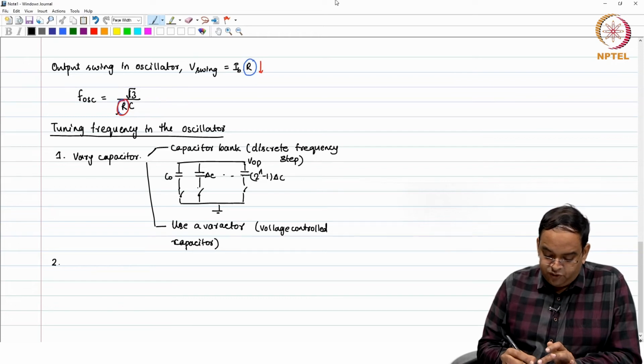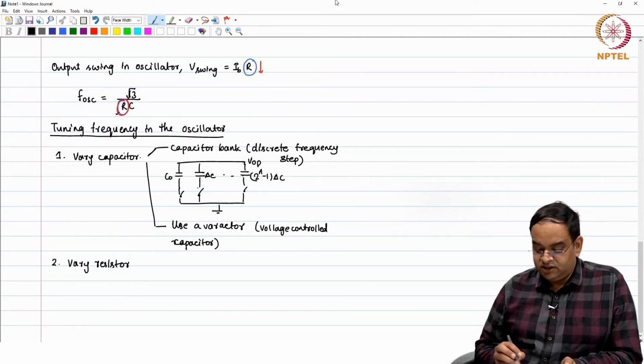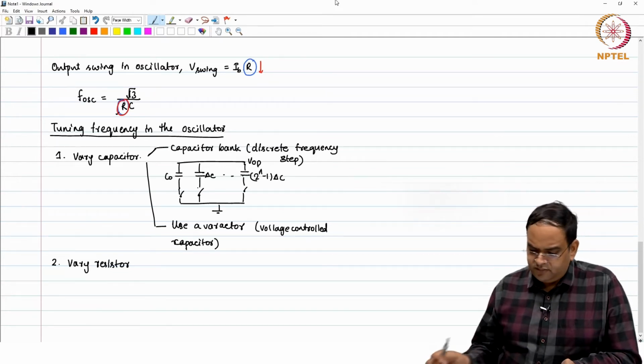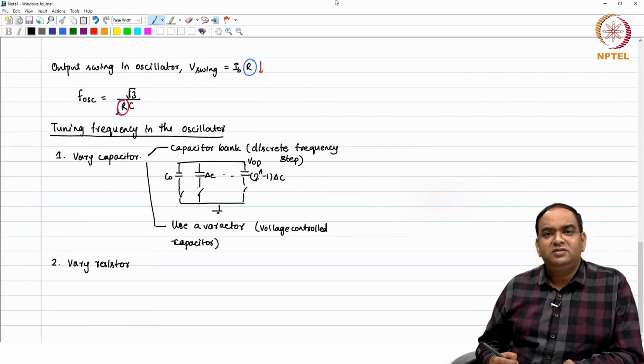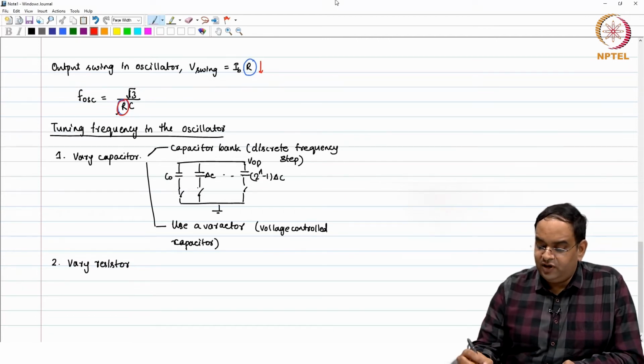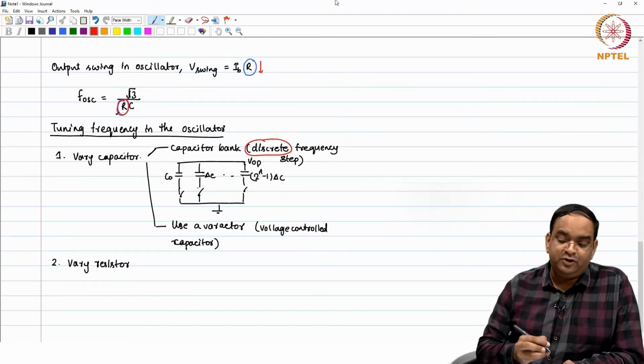Second thing is you vary the resistor. When you would like to vary the resistor, one way, as we have seen with the capacitor bank, is that in a similar way you can use a resistor bank, but then also you will run into this discrete frequency step.